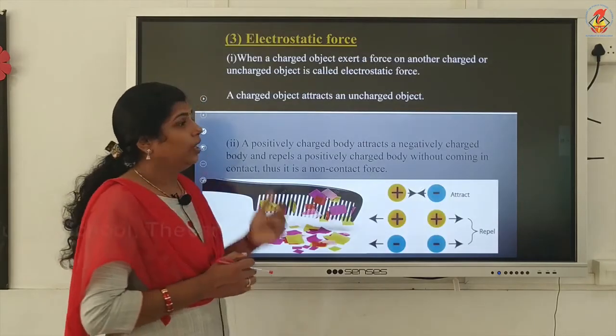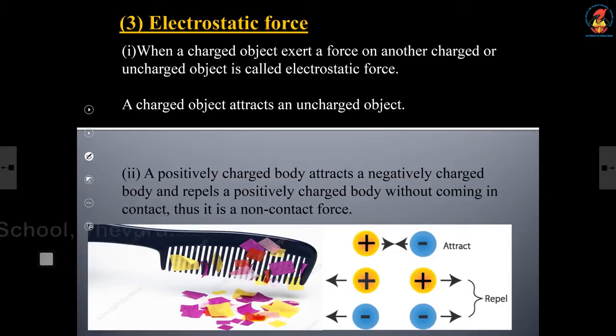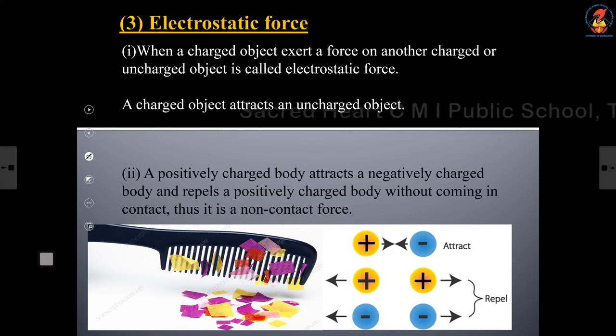Next one is electrostatic force. We discussed magnetic force; in the same way, electrostatic force is there. When a charged object exerts a force on another charged or uncharged object, it is called electrostatic force. Two types of charges are there, positive charge and negative charge.